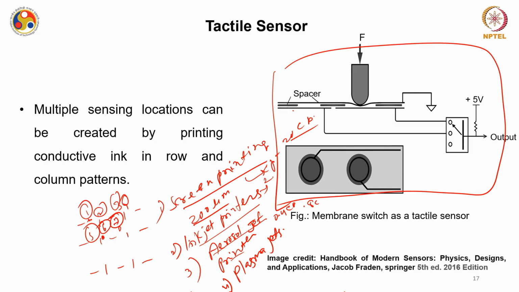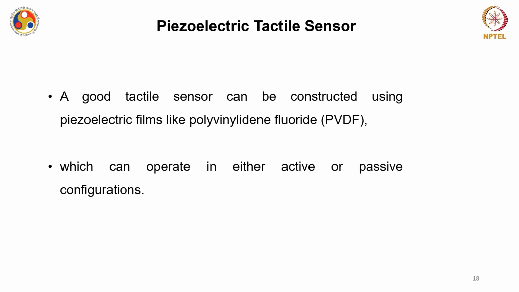But it all depends on the complexity of the tactile sensor and the surfaces on which you are printing. A good tactile sensor can be constructed using piezoelectric films also, like the polymer PVDF, which is a very popular piezoelectric material.